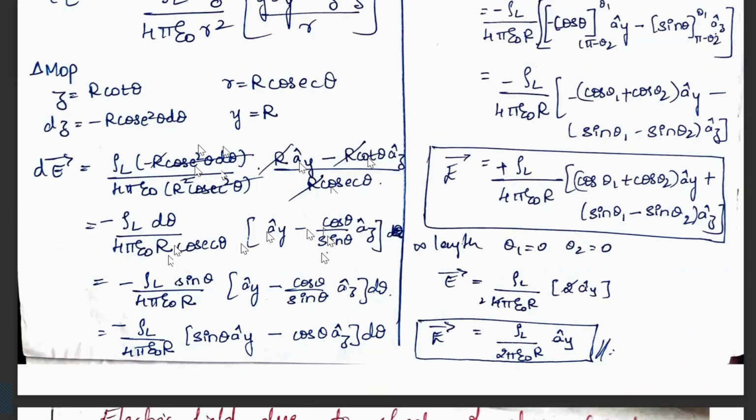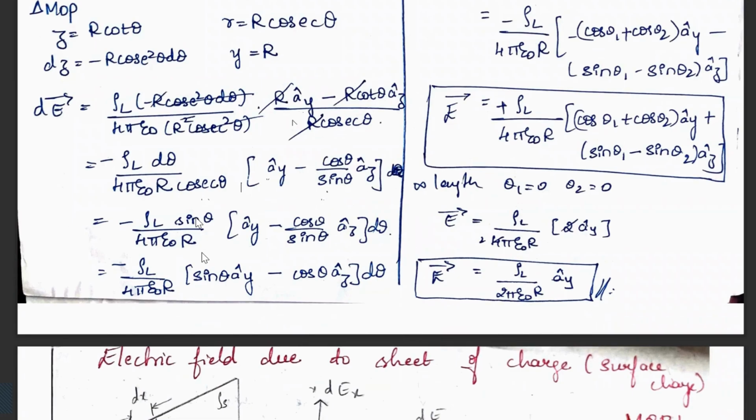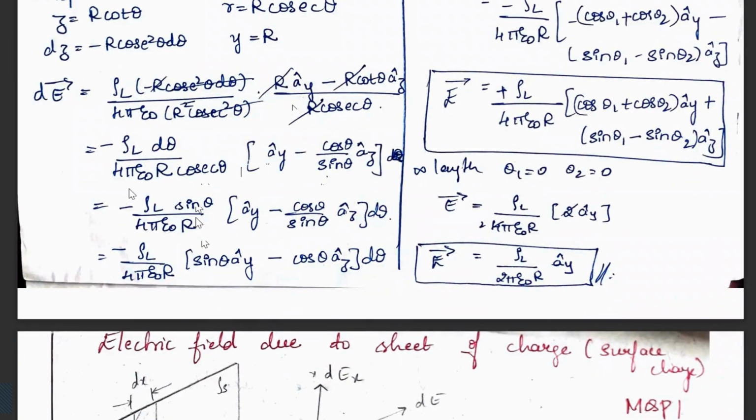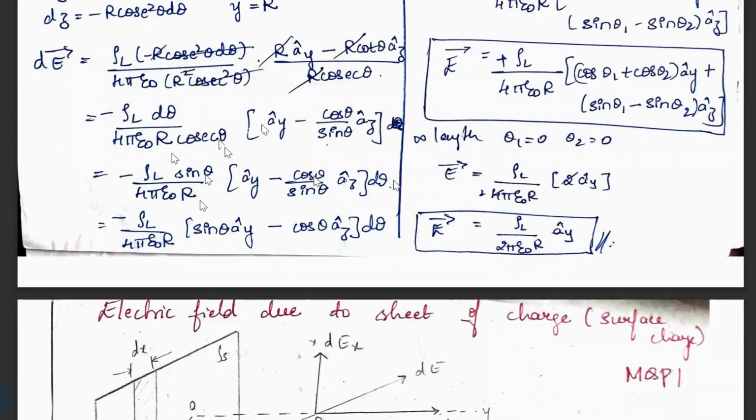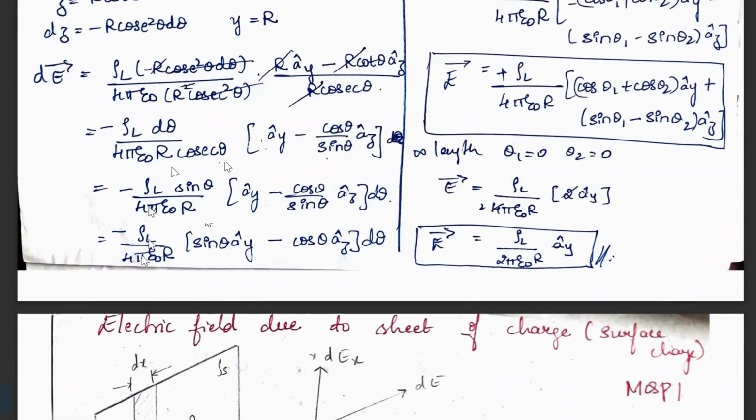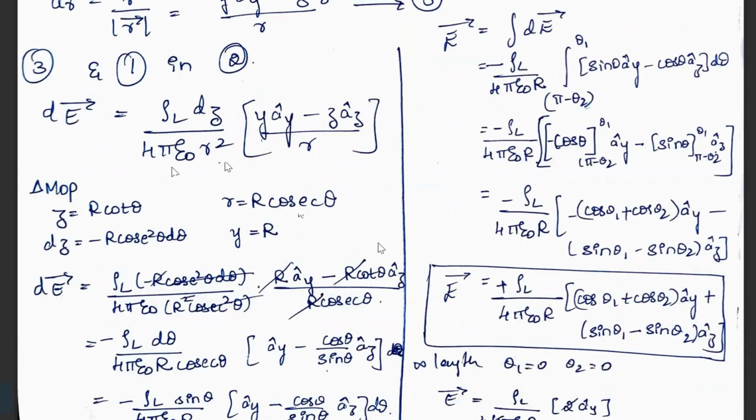Take the rest outside from the denominator: minus rho L d theta divided by 4 pi epsilon naught R. Cosecant theta can be written as 1 by sin theta, so it goes to the numerator. Next is minus rho L divided by 4 pi epsilon naught R, multiplying sin theta inside. So this becomes sin theta ay cap minus cos theta az cap, into d theta, as sin theta gets cancelled.